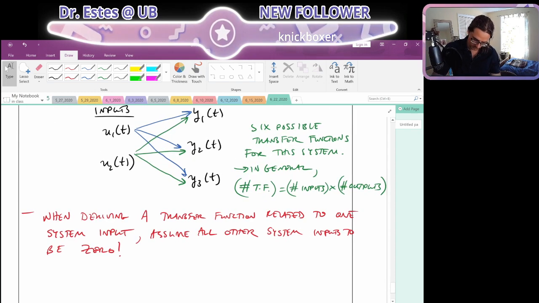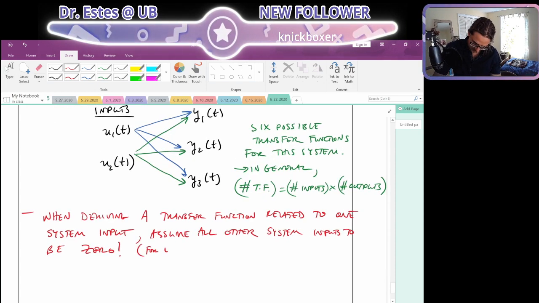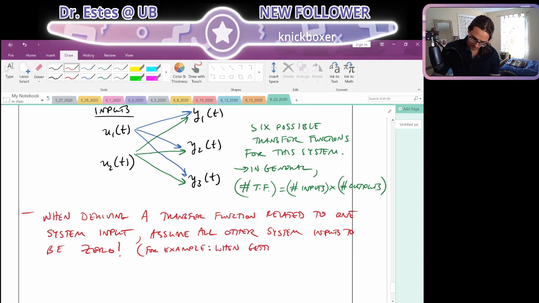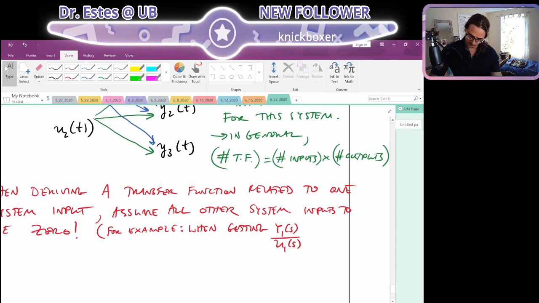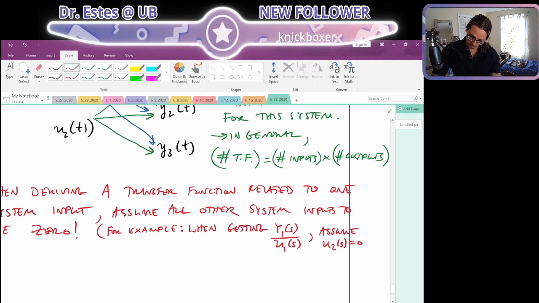So, for example, let's say we're getting y1 of s over u1 of s. That's one of the 6 possible transfer functions. Assume u2 of s equals 0.